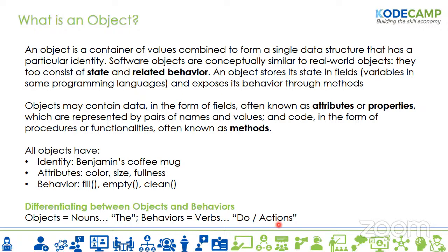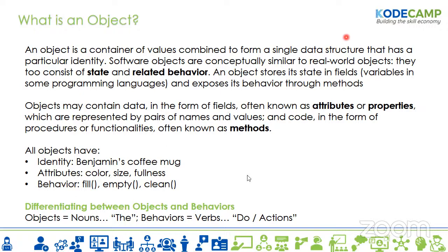It performs something, it does something. And if it doesn't do anything, that is also a behavior. A behavior could be to do nothing. So when we are describing an object, every single object has an identity, an attribute, and a behavior.